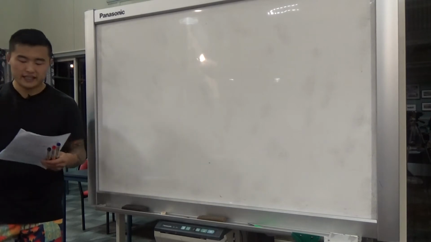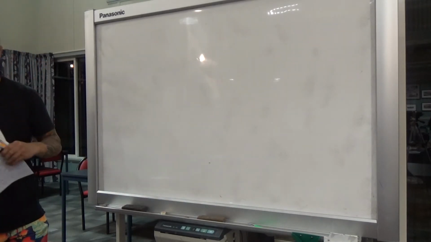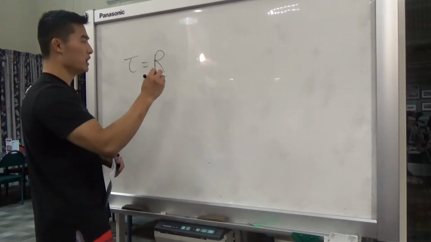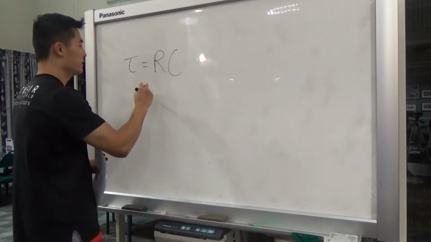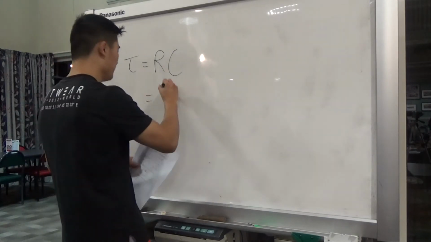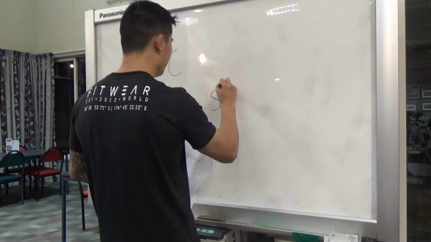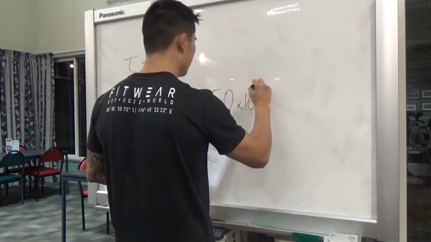Now we want to find out the time constant. The time constant is resistance multiplied by the capacitance. Our resistance is 400 times our capacitance, which was 50 times 10 to the negative 6.